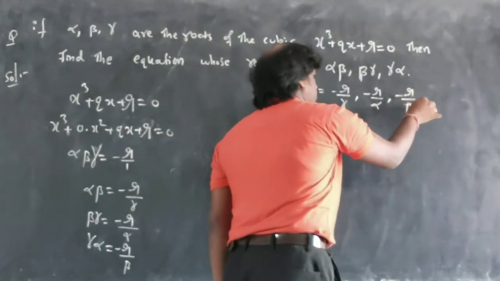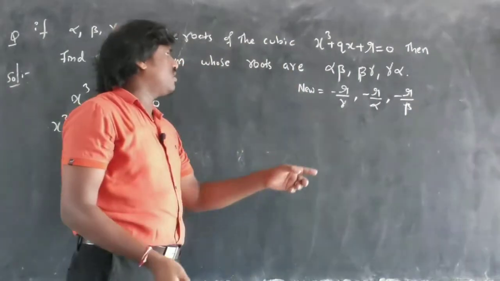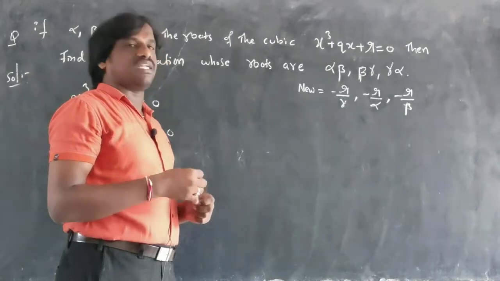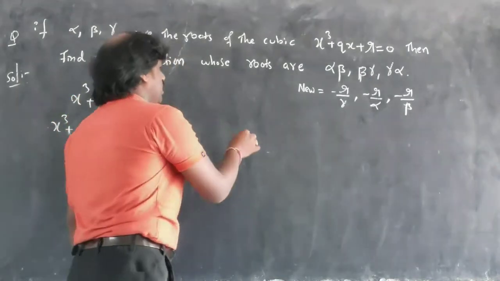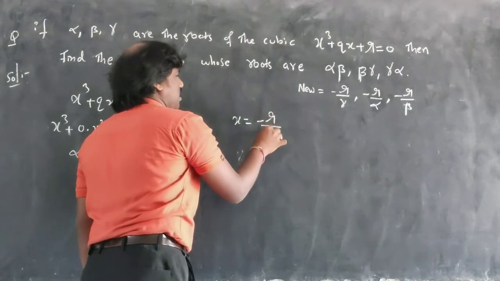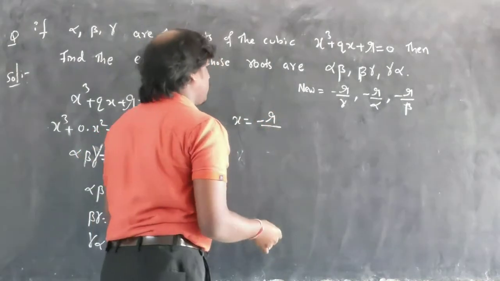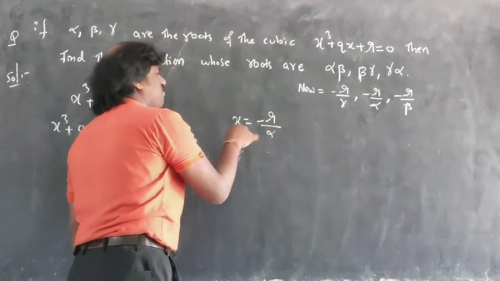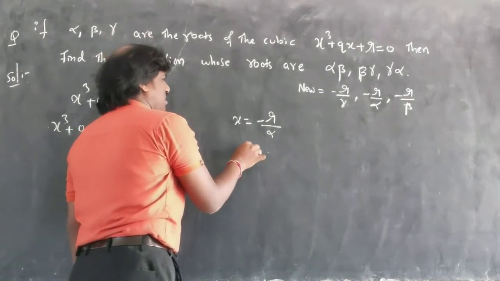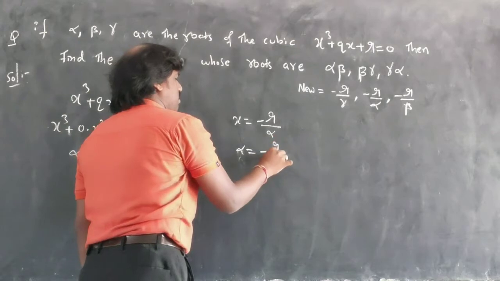Now we have to find the new equation whose roots are these. So we can take x is equal to minus r by alpha. So the alpha value will be, that is important, alpha is equal to minus r by x.